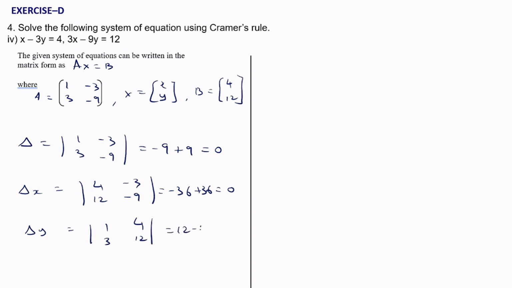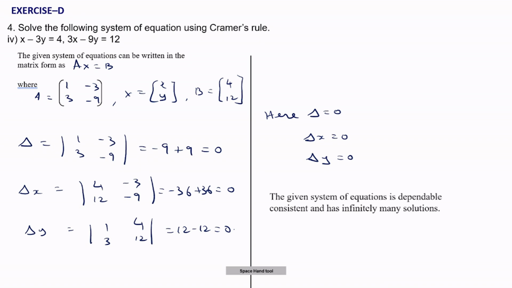So this is again 12 minus 12 equal to 0. So here delta equal to 0, delta x equal to 0 and delta y equal to 0. If all these are 0, then the given system of equations is dependent and consistent and it has infinitely many solutions. So this system has infinitely many solutions.